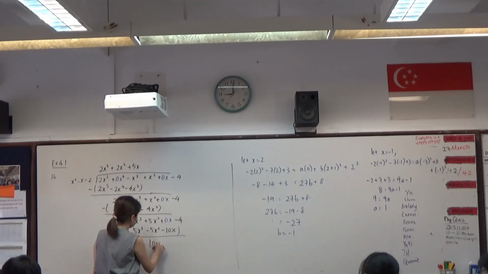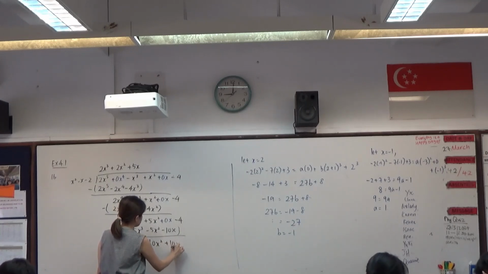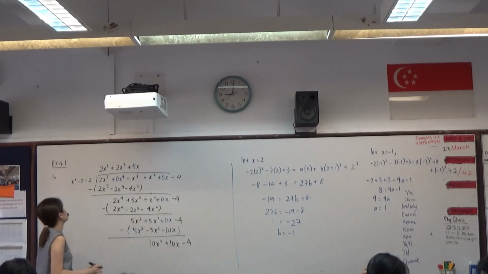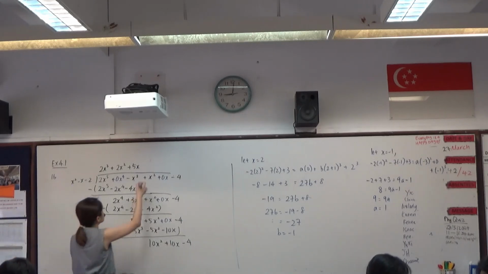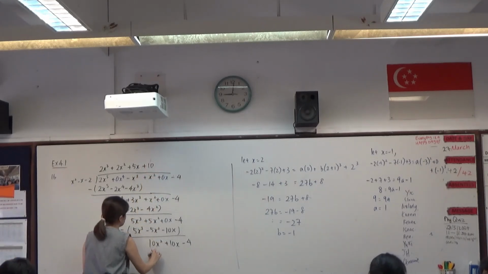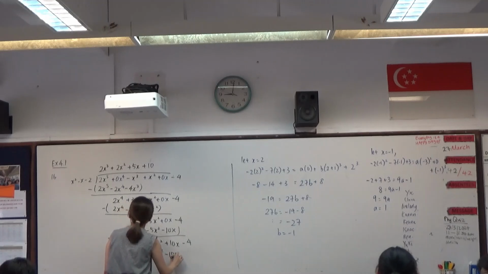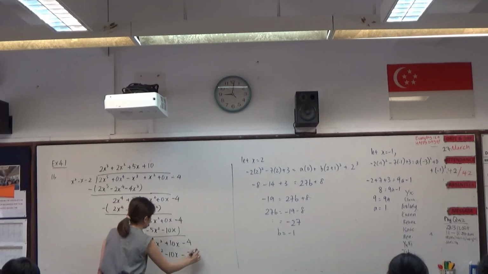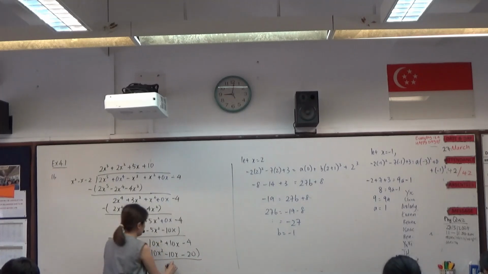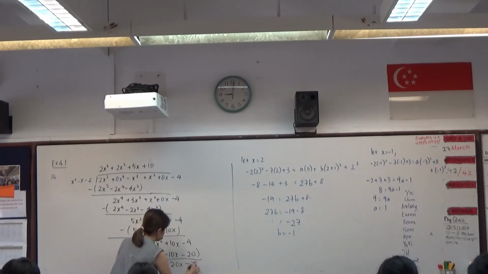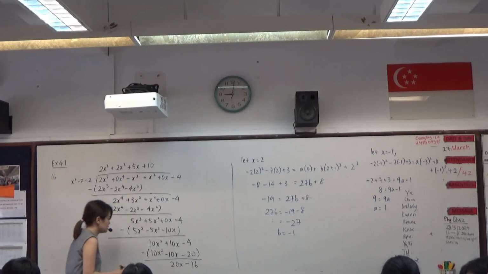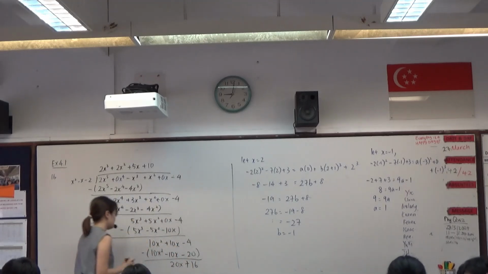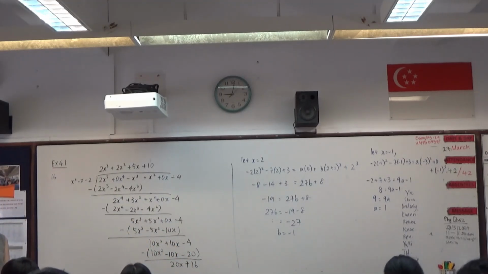Plus 10x squared plus 10x minus 4, then plus 10, minus 20. So we get 20x plus minus 4 plus 20 minus 6. Wait. Minus 4 plus 20 minus 6. Alright? Did I make any mistakes?